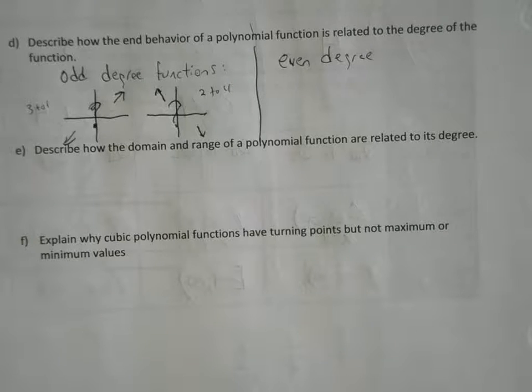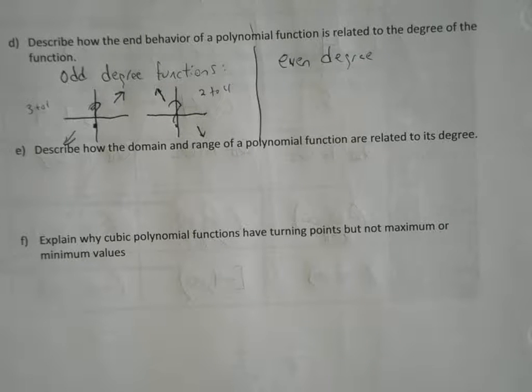Okay. Any even degree polynomial function, and we don't look at any others, because you don't have to worry about this. But if it's degree 18, so you have an x to the 18th as your highest exponent, it will maybe come from 2 and go to 1. The middle might be real wacky. Okay, but at the end, it's going to go from here to here or from there to there.